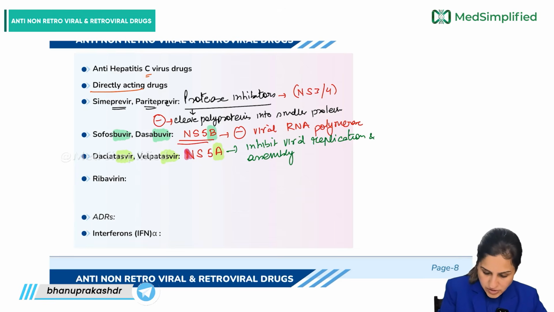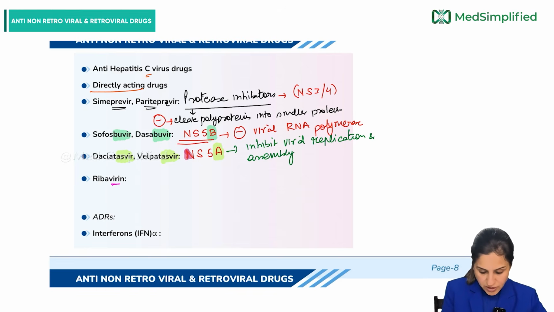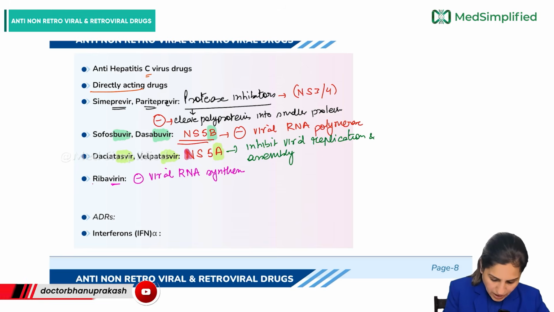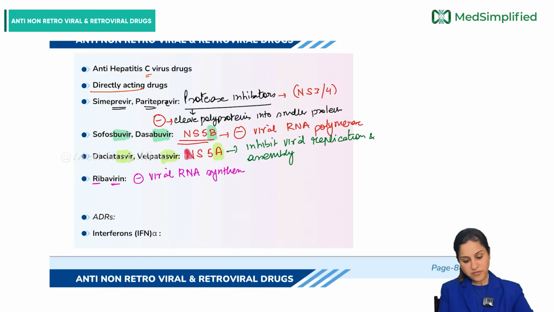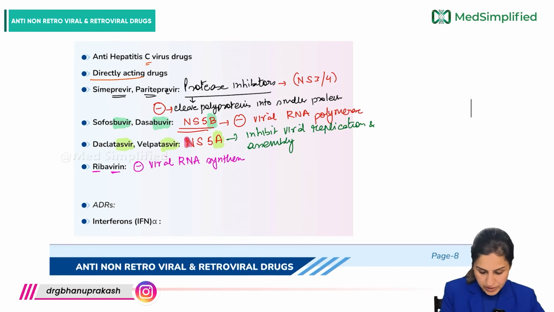Then we have other drugs like ribavirin. Again, it has a vir in it. Virin, that is they inhibit the viral RNA synthesis, right? That is the important thing to know here.